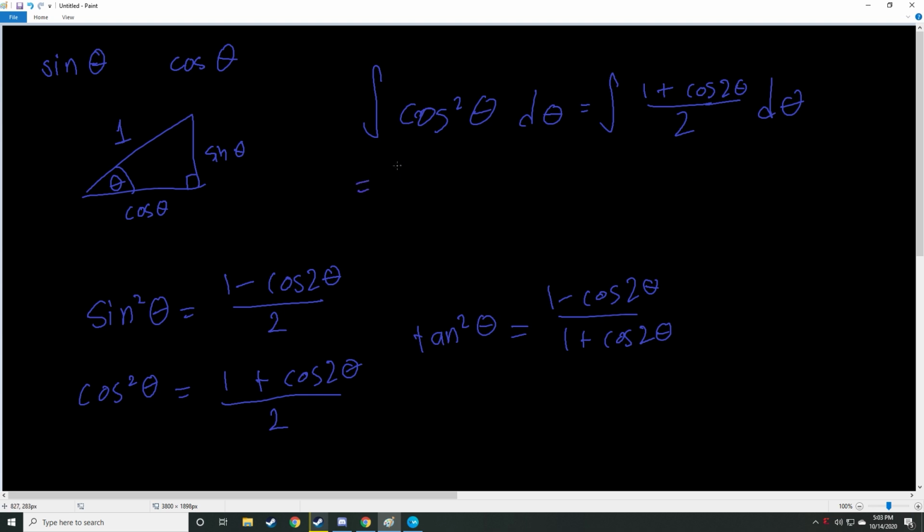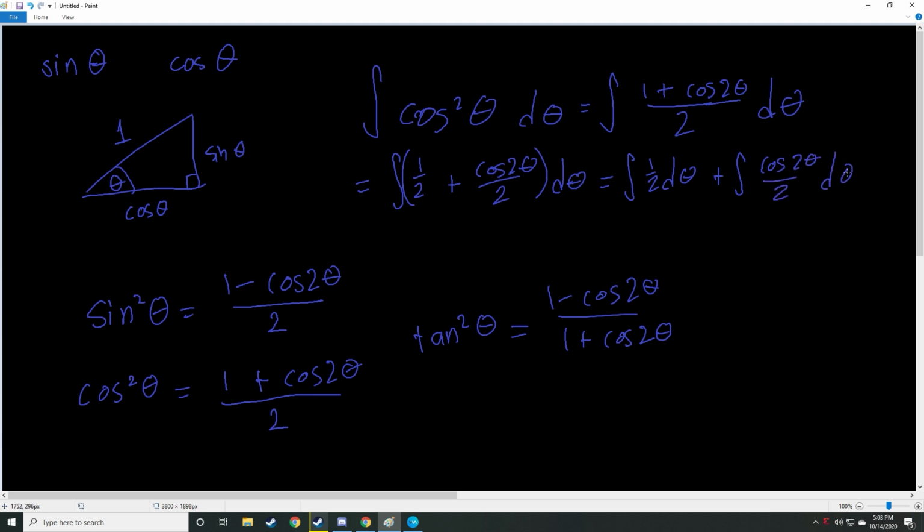We know that is equal to the integral of 1/2 plus cosine of 2 theta over 2 d theta, which is equal to the integral of 1/2 d theta plus the integral of cosine of 2 theta over 2 d theta. Well, what's the integral of 1/2 d theta? That's simply equal to 1/2 theta.